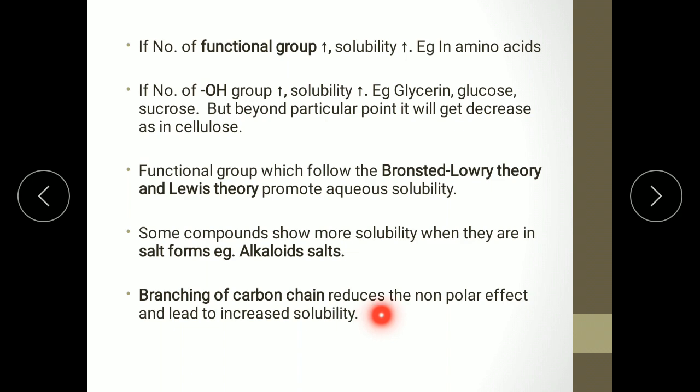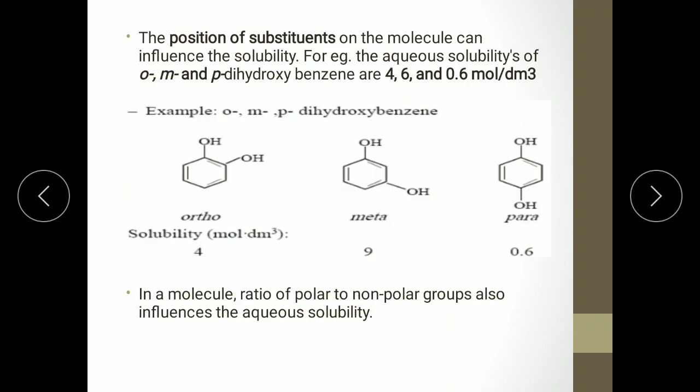You know that a straight carbon chain will have non-polar activity, but branching of the carbon chain will reduce that non-polar activity, and it leads to increased solubility. Next, the position of substituents on the molecule can influence the solubility.